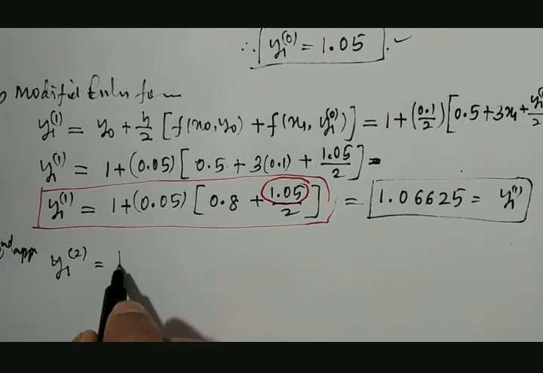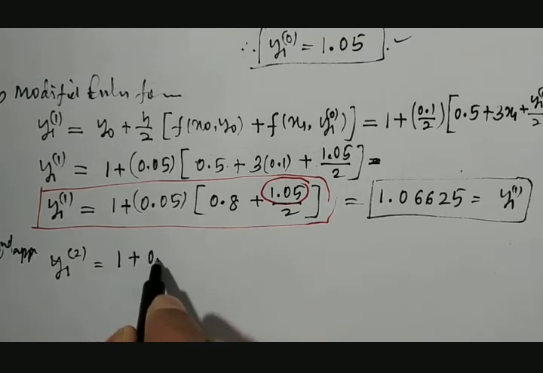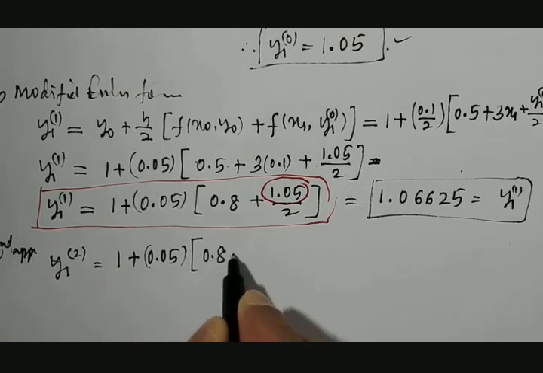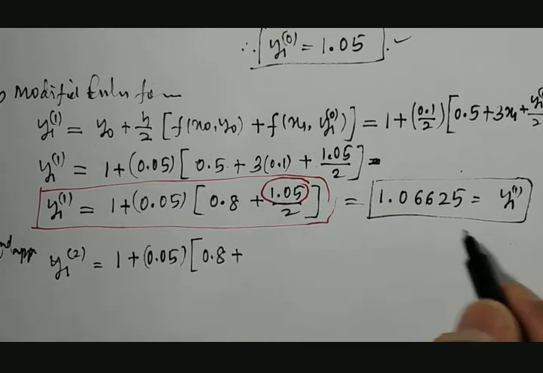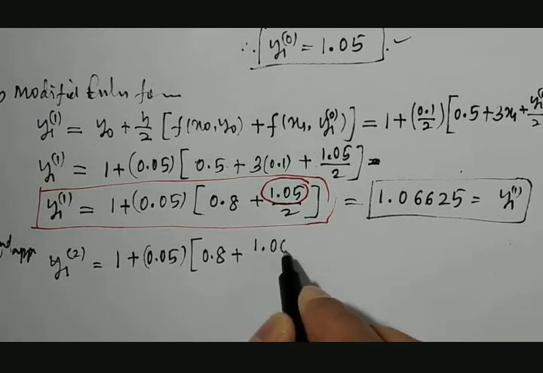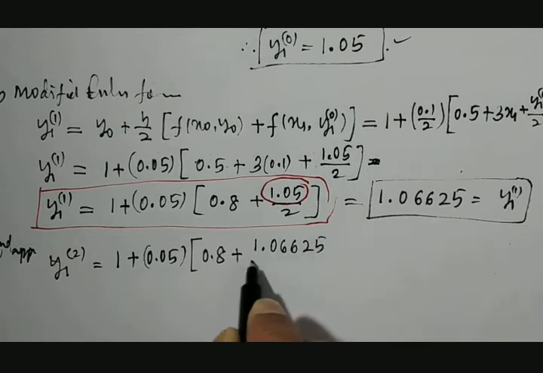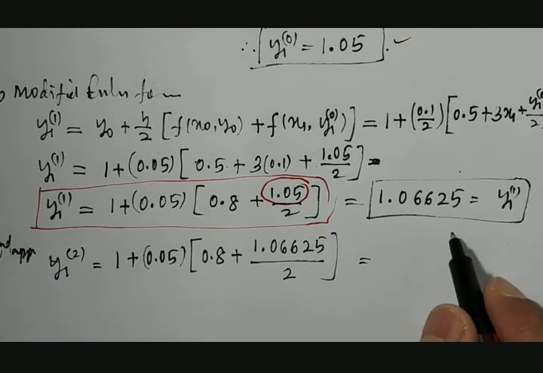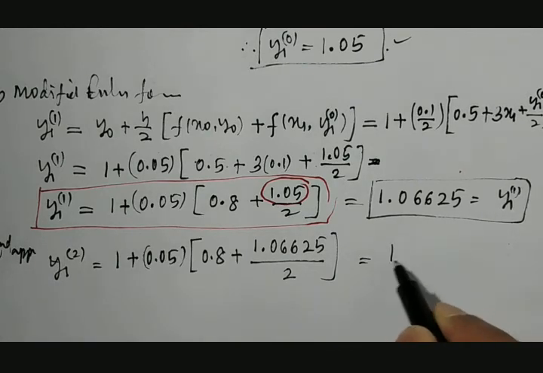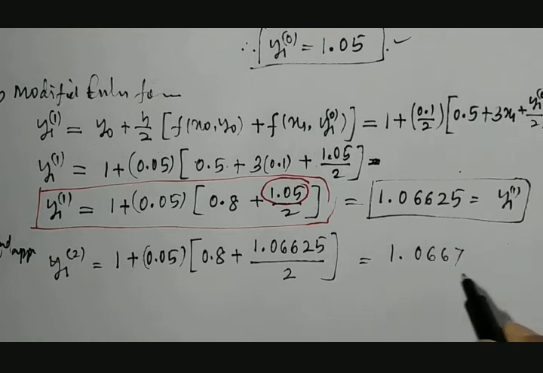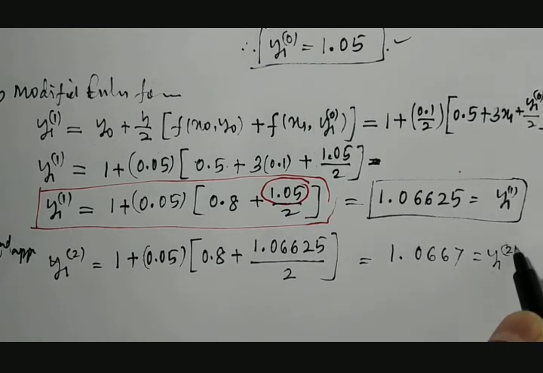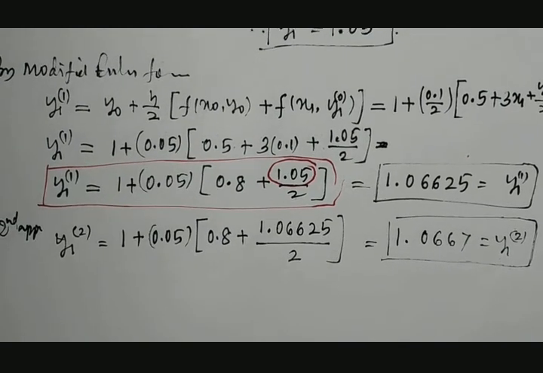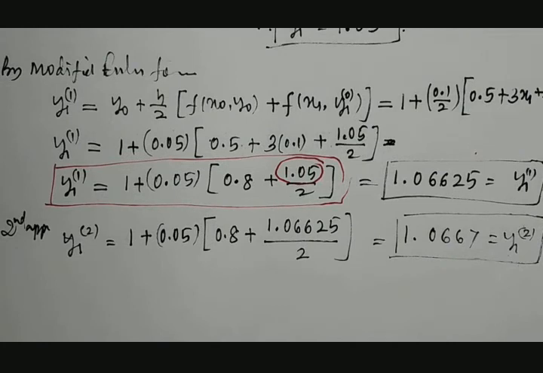Here, 1 plus 0.05 into (0.8 plus 1.05 replaced by 1.06625 divided by 2). If we calculate, the answer will be 1.0667. This is the second approximation to y1.